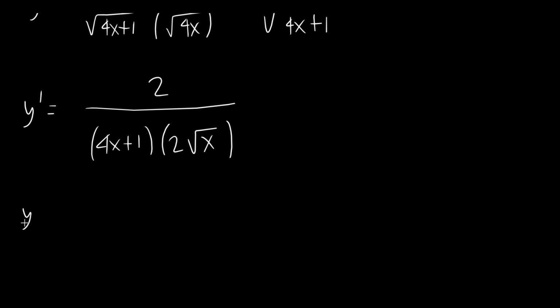These 2 will be cancelled. So our answer will be 1 all over the square root of x multiplied by 4x plus 1.